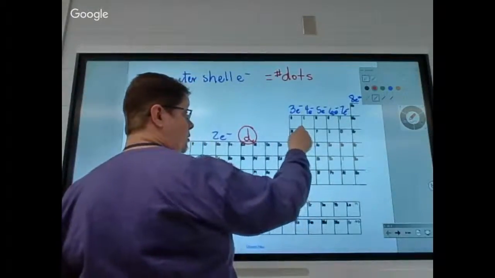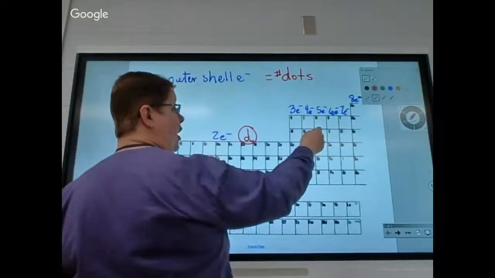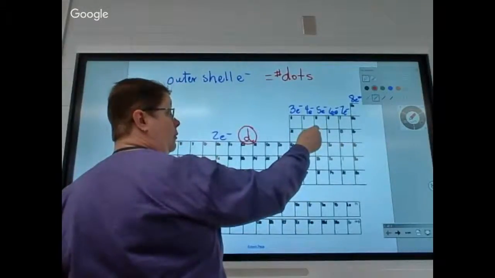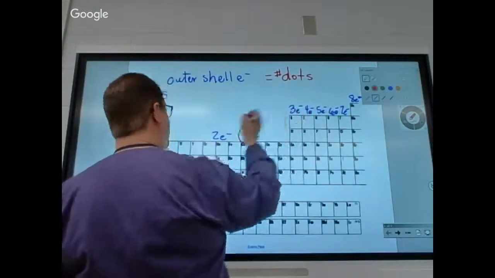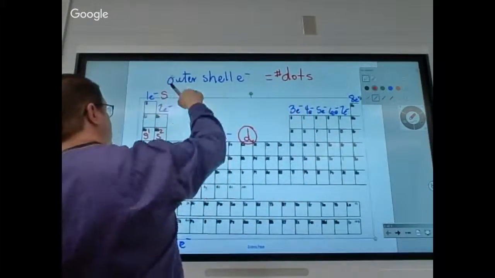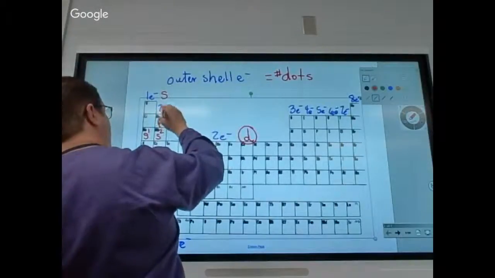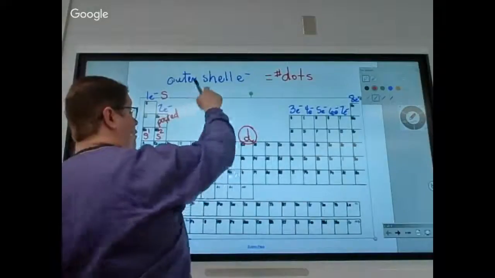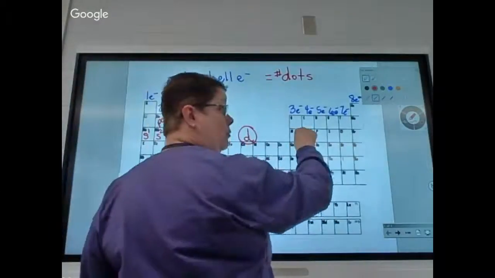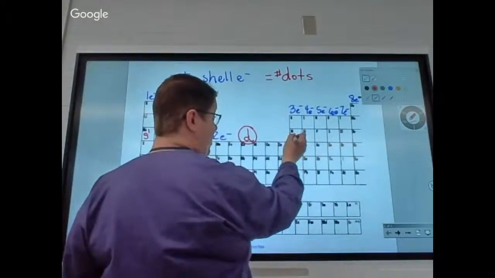So what's going to happen when you go to 4? You have an S2, so they're paired. Now write that here. This will be paired. So they're paired there. So what's going to happen here? It's going to be single.